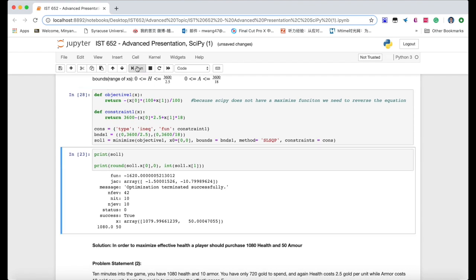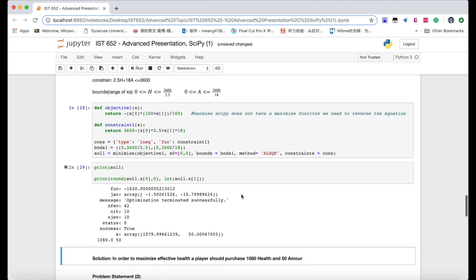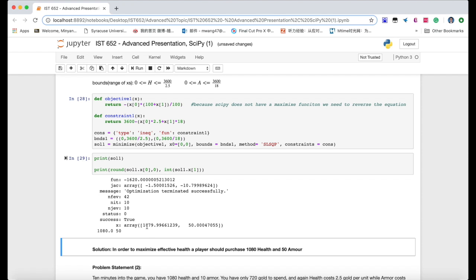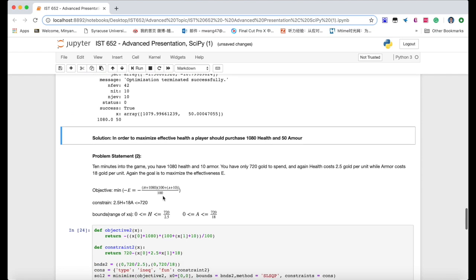Then we run the code, and the solution indicates that the player should buy 1080 health and 50 armors to maximize his effective health.